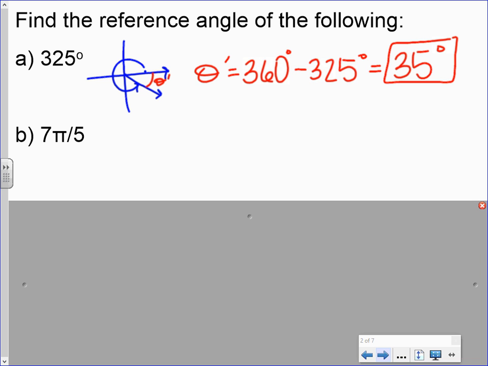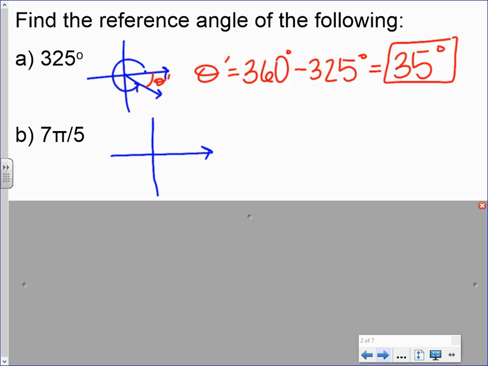Okay. Next one, 7 pi over 5. Let's see if we can graph this one. Which quadrant would 7 pi over 5 be in, Chris?